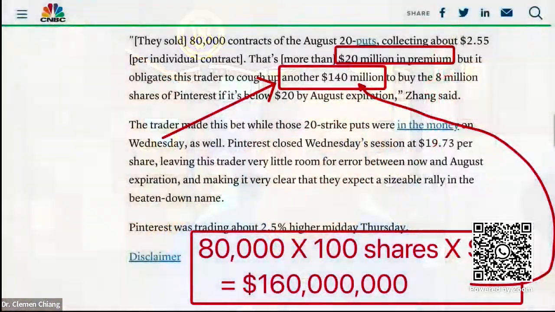So far no takers. I see Jeffrey, you say the guy has to cough up $180 million. Nope, the total amount he has to cough up is $160 million. Mathematically, we have calculated that already. It is $160 million, not 180.